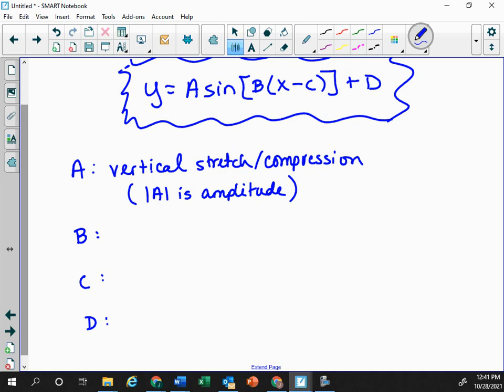Okay, guys. B, the coefficient on x, what does that do? Yes, that is the horizontal stretch or compression. I'll show you how we're going to use it.